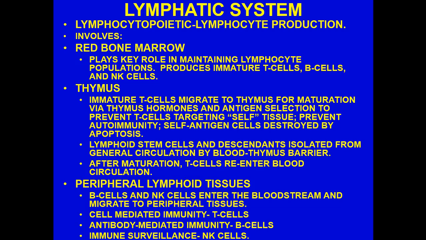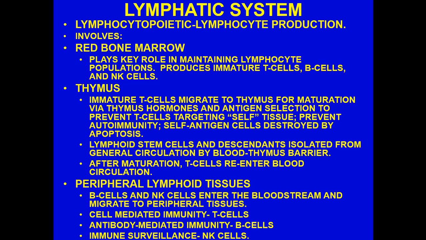Membranes, brain tissue, blood cells, nervous tissue, anything that belongs to you. These cells that have that capability are basically destroyed by what is called apoptosis. That's programmed cell destruction. This is a means to prevent, right off the bat, autoimmunity. In other words, your immune system attacks your own tissues.